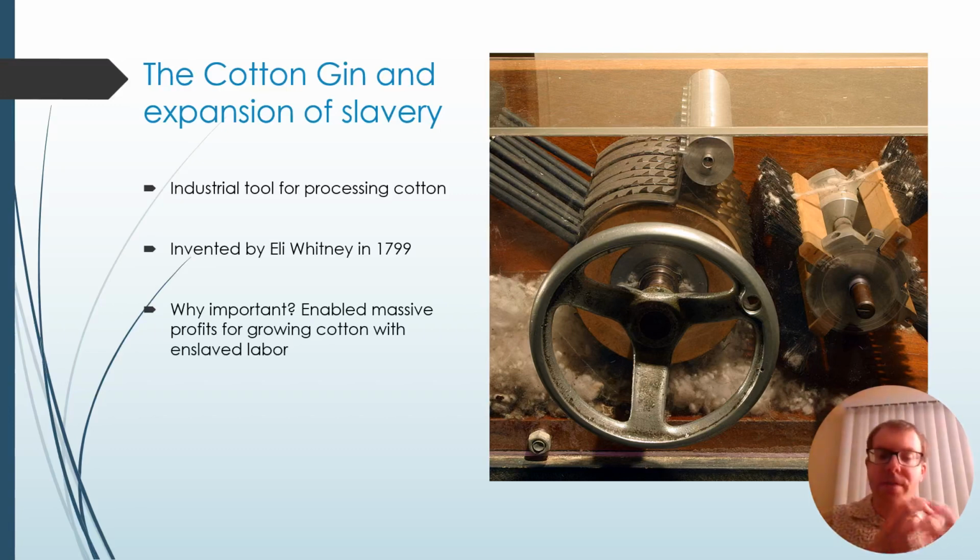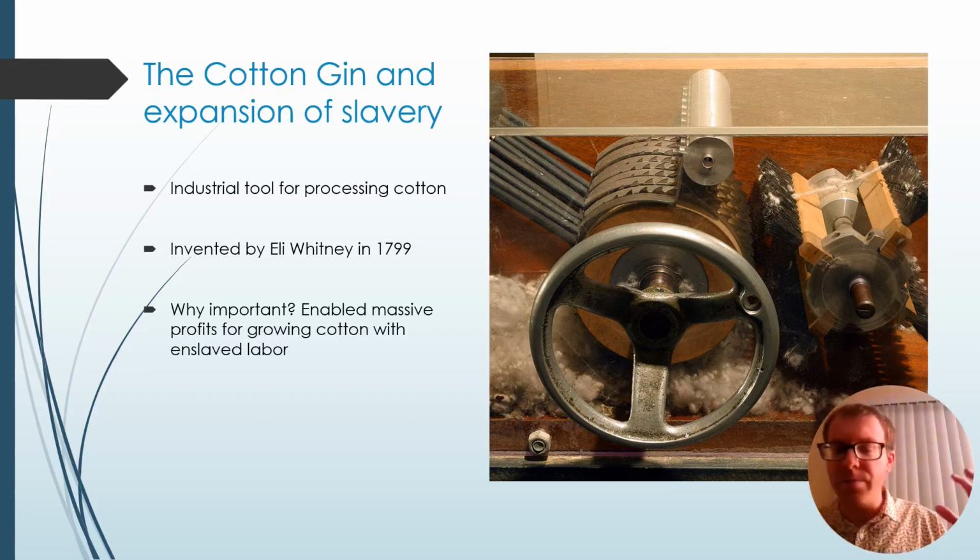And so what it in fact does is make creating cotton plantations suddenly very economically feasible, and not only economically feasible, but incredibly profitable over other crops like tobacco or rice. And the other advantage of cotton is it can be grown out west, away from the coast. Rice does not grow that well in non-humid environments, and it has to have very specific soil in order to grow.